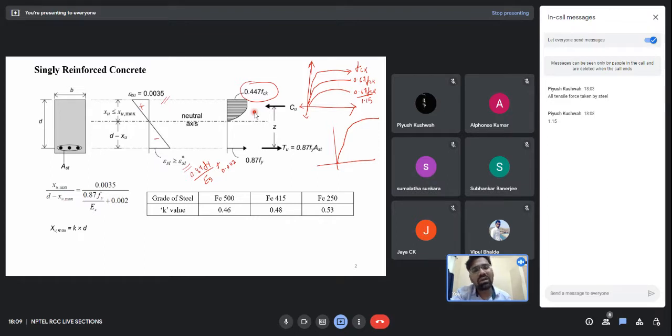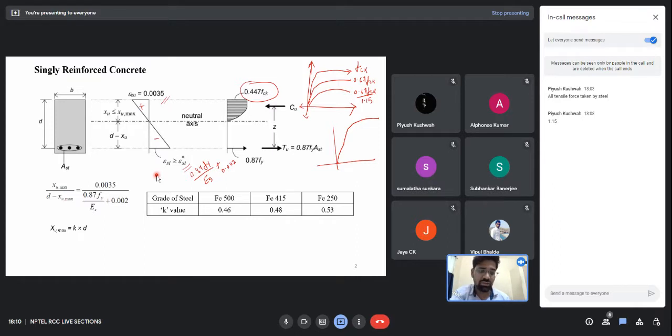So for concrete we have the variation of compression force in this way, which comes from this stress strain diagram, and this stress diagram is actually plotted for a cracked section. In a cracked section the concrete does not take any tension, only the steel takes the tension. So the stress the steel takes is fy by 1.15, which gives us 0.87 fy. So this was all about the strain profile and stress profile.